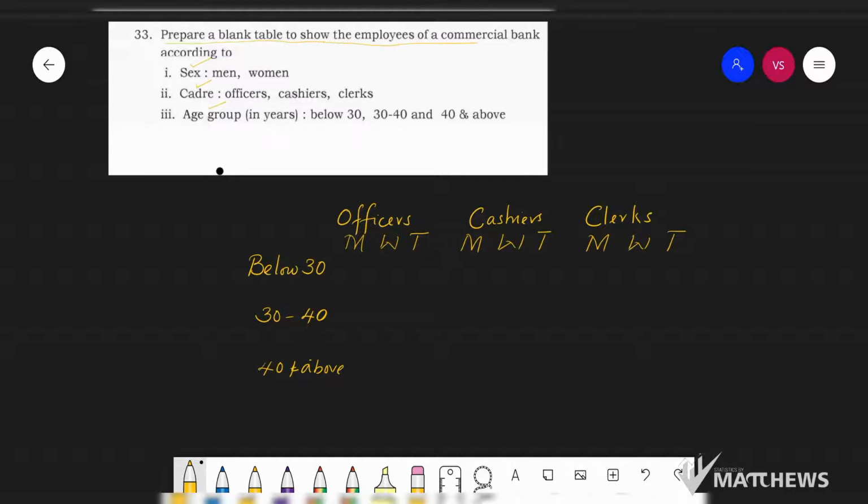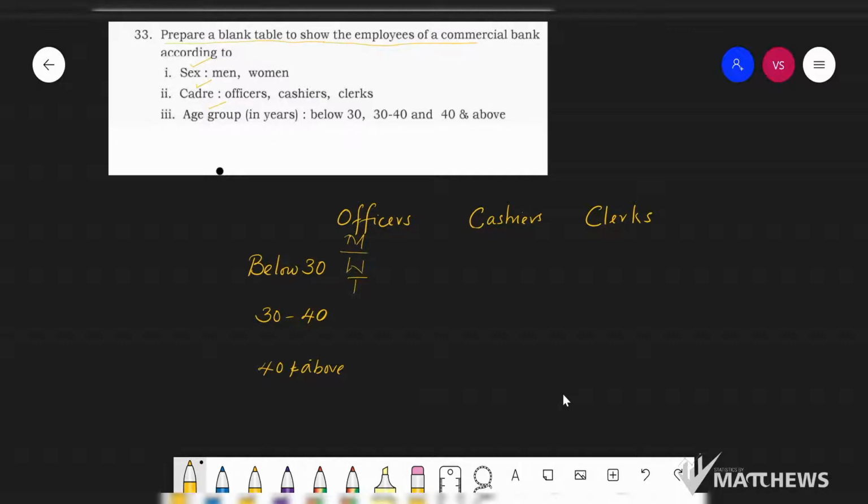So on that basis, students, we can change the whole format, as I can remove this whole part and keep only 3 columns, but I can divide here as men, women, and total.